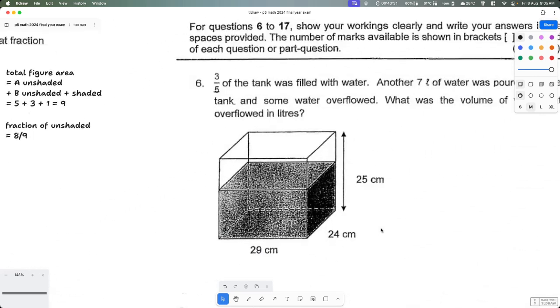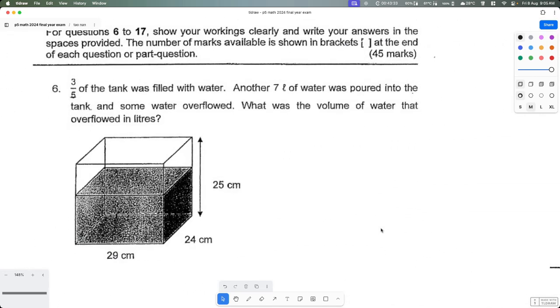Okay, let's move on to the next question. Question 6. 3/5 of the tank was filled with water. Another 7 liters of water was poured into the tank, and some water overflowed. What was the volume of water overflowed in liters? So we are looking for the overflow.